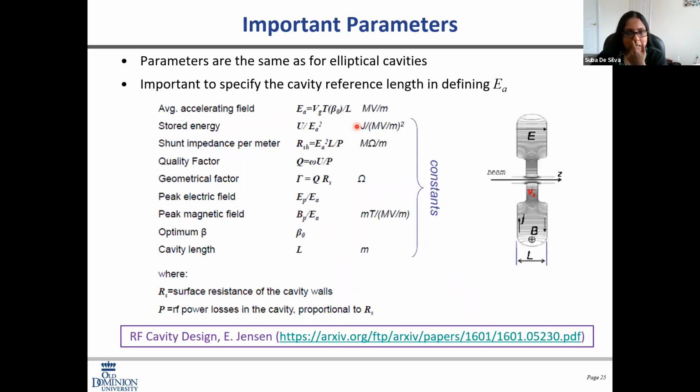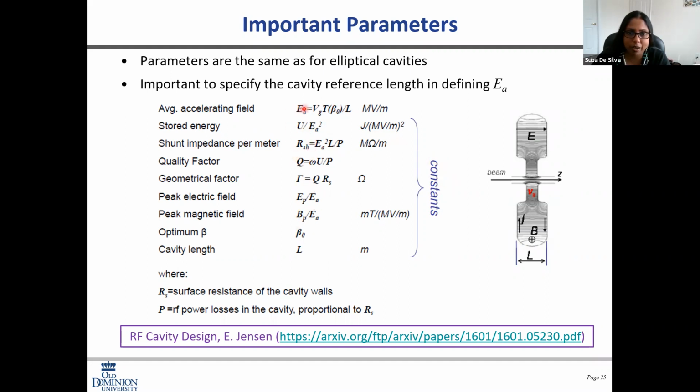So then you can use all these definitions to define the cavity parameters. I'm not going to go into detail. I put down a reference so you can calculate these for these cavities. Once you know the effective voltage, you can pretty much calculate all the cavity parameters.